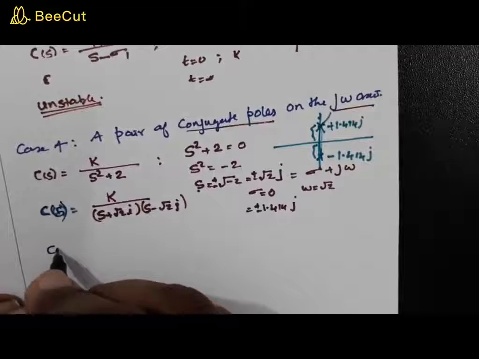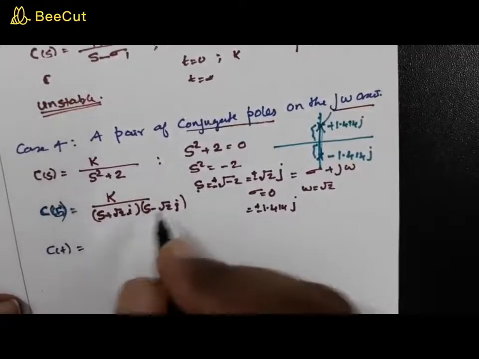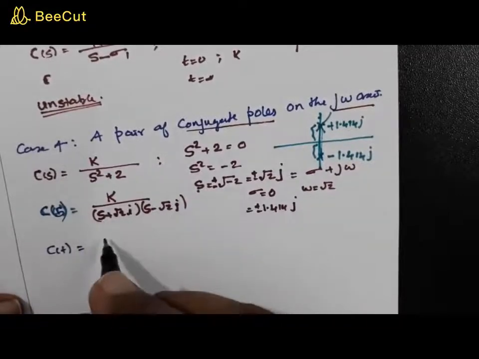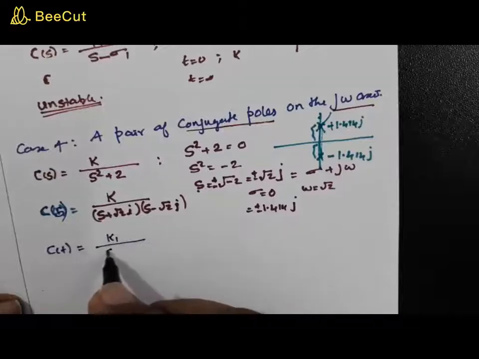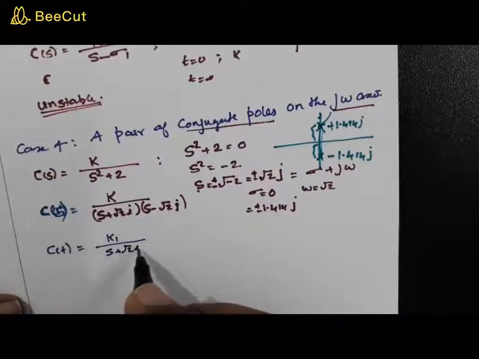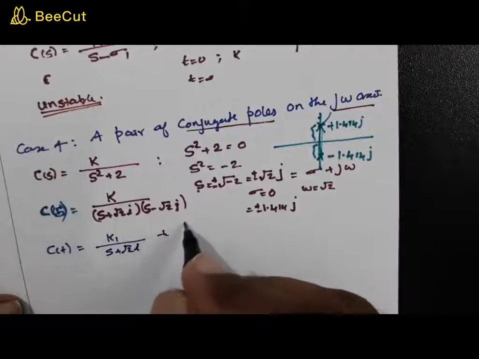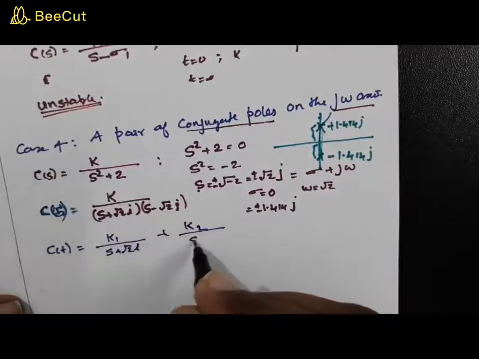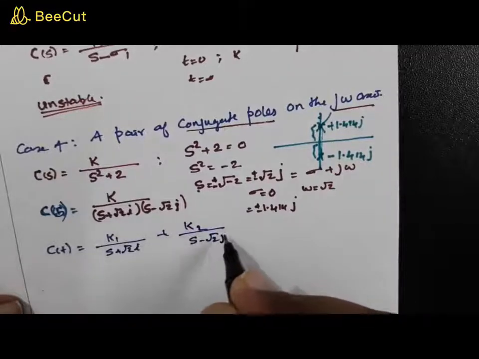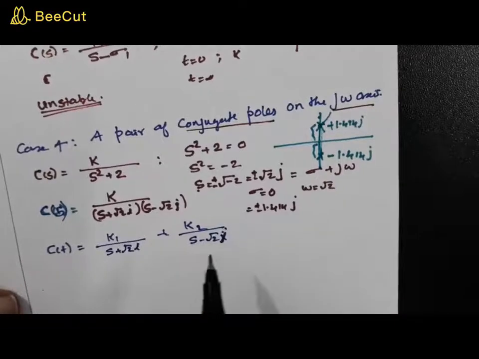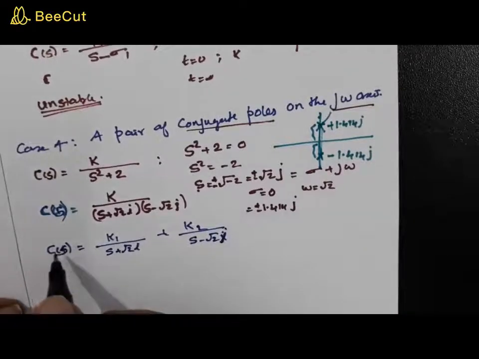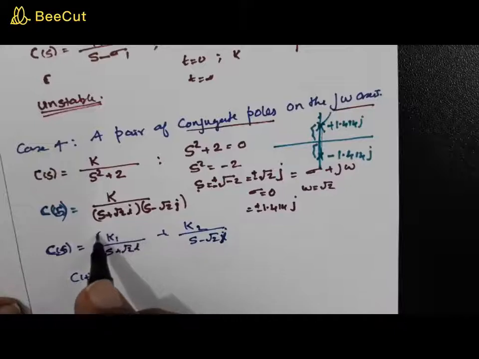Now, how will you find out C of t? You know how to find C of t by splitting this into partial fractions, say k1 by s plus root 2 j plus k2 divided by s minus root 2 j. This is C of s. From this you can evaluate your C of t by finding the inverse.